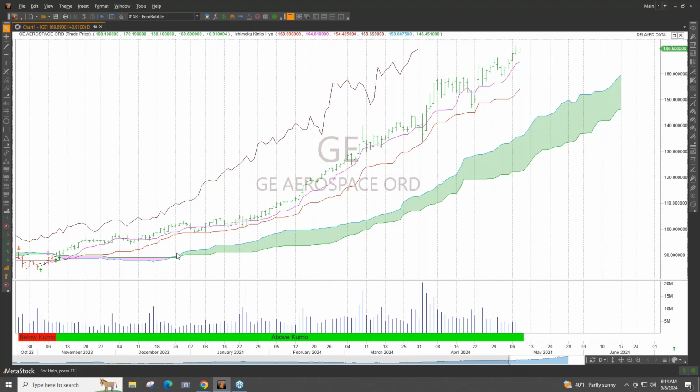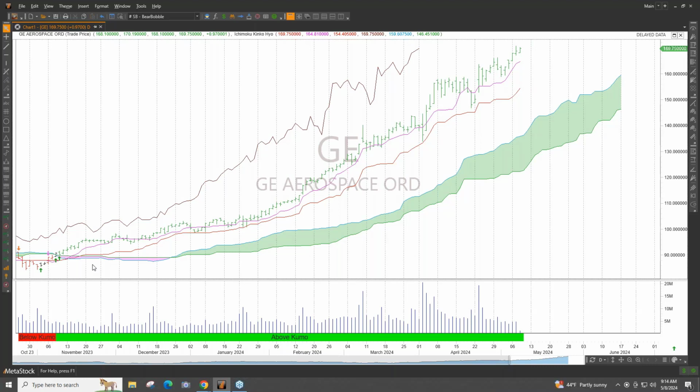If the Senkou span A is above the Senkou span B, so in other words, if your SSA is above your SSB, that's also going to be a bit bullish. And you'll notice that the cloud, at least the way we've got it colored here in MetaStock, is green as well. If it's down below, you'll have a purple cloud, and that's a bit of a bearish indication. So there's a lot of metrics that you can look at to understand what's going on, okay?